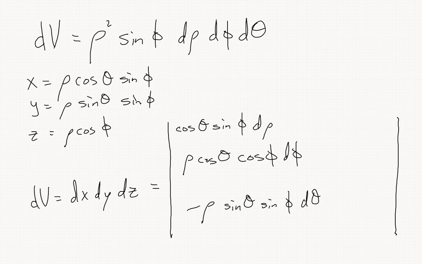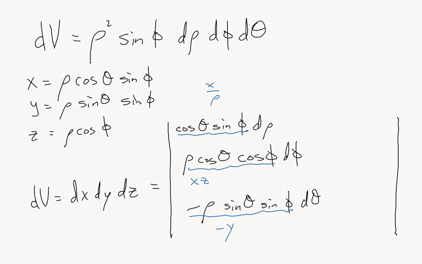So this I can write as x over rho. And then this guy, this is negative y. And this is a little bit harder to rewrite, but we can take x times z. That will now have a rho squared that we don't want, and a sine phi that we don't want.